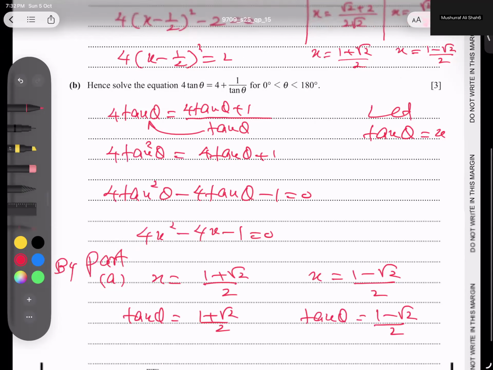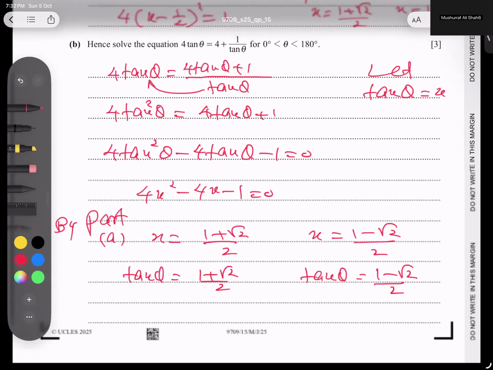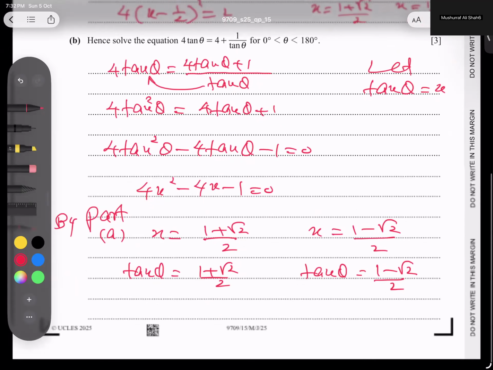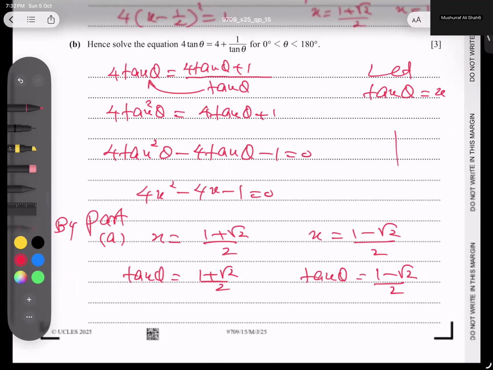Okay, now further I can complete it. How? Because tan is, look, I make a diagram here. One diagram for the positive and one for the negative. Attentive, please. Because this is positive, tan positive is in the first and third quadrant. So I'm using this one. So what is the alpha answer? Alpha means take tan inverse of this.